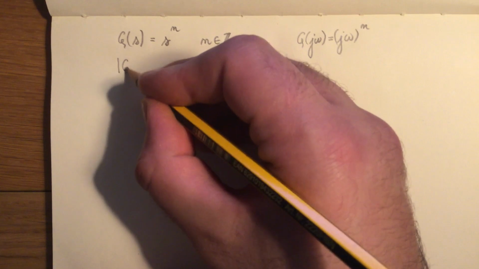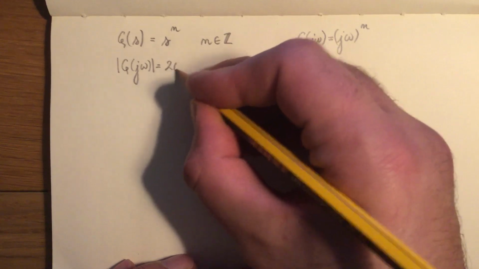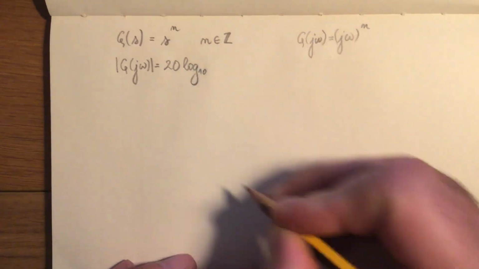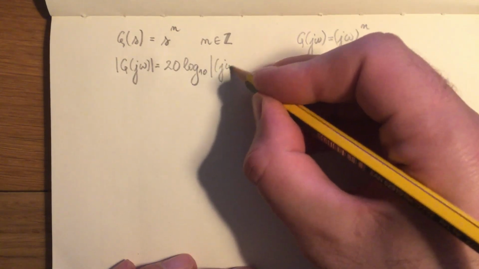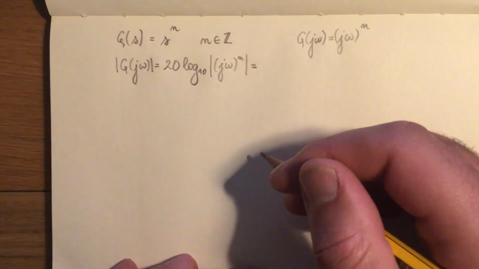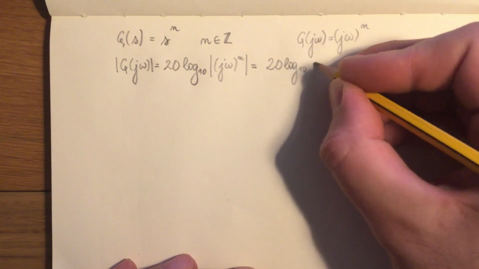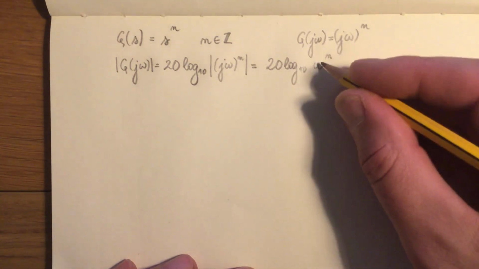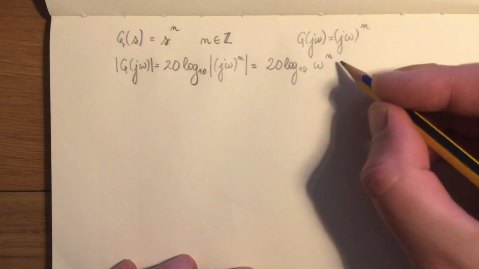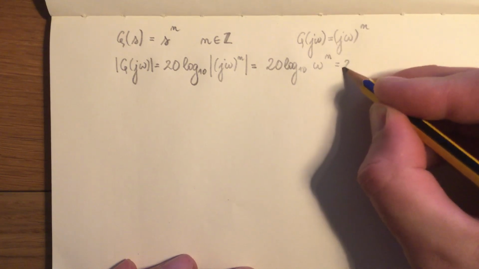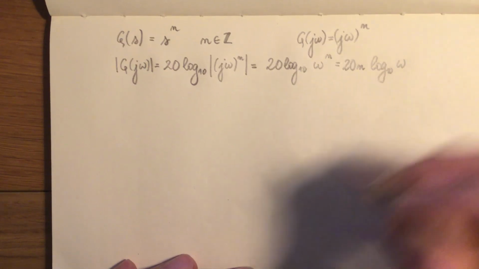Consequently, the gain of G(jω) in decibel is equal to 20 times the logarithm of base 10 of the absolute value of (jω)^n. We end with 20 times the logarithm of base 10 of ω^n, which is positive, so we no longer need the absolute value. And since this is a logarithm, we have 20 n times the logarithm of base 10 of ω.